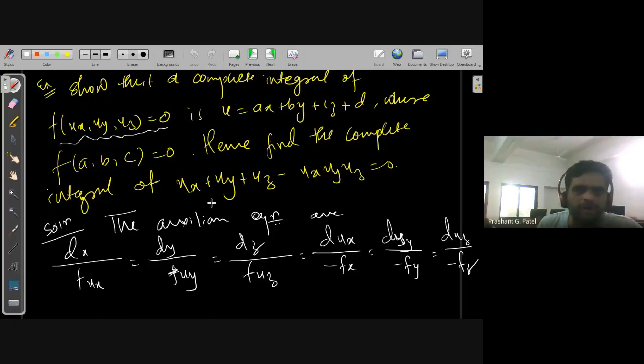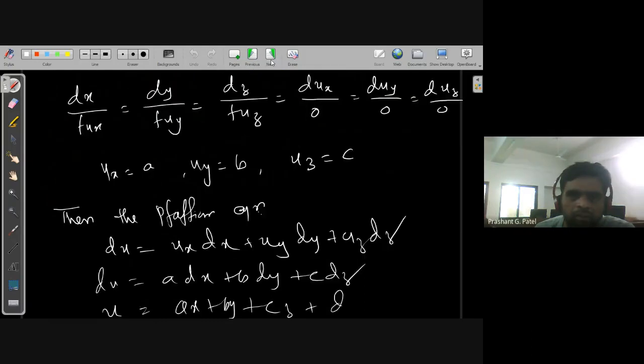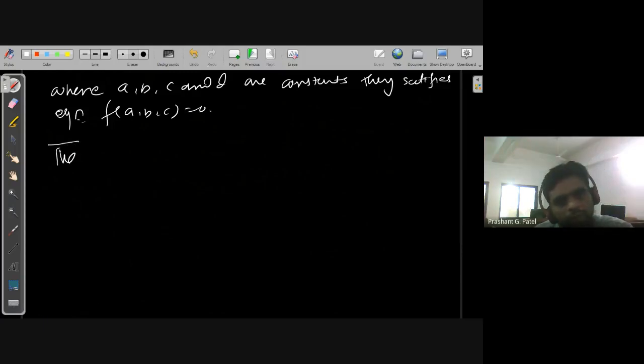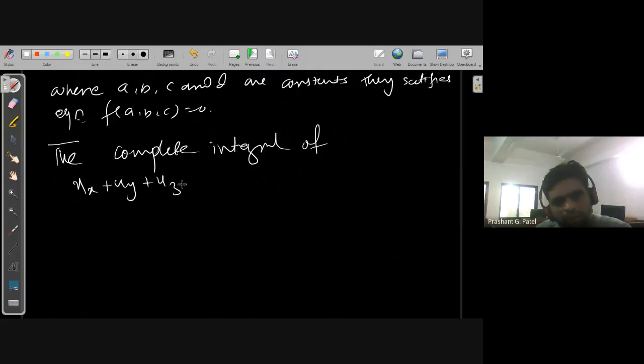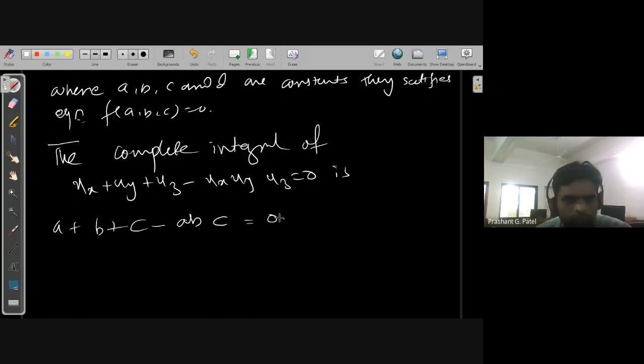Now the next problem is to find the integral of this one. As per this argument, here this is a function of fx, fy, fz. So the complete integral of that equation, that is ux plus uy plus uz minus ux uy uz equal to 0, is a plus b plus c minus abc equal to 0.